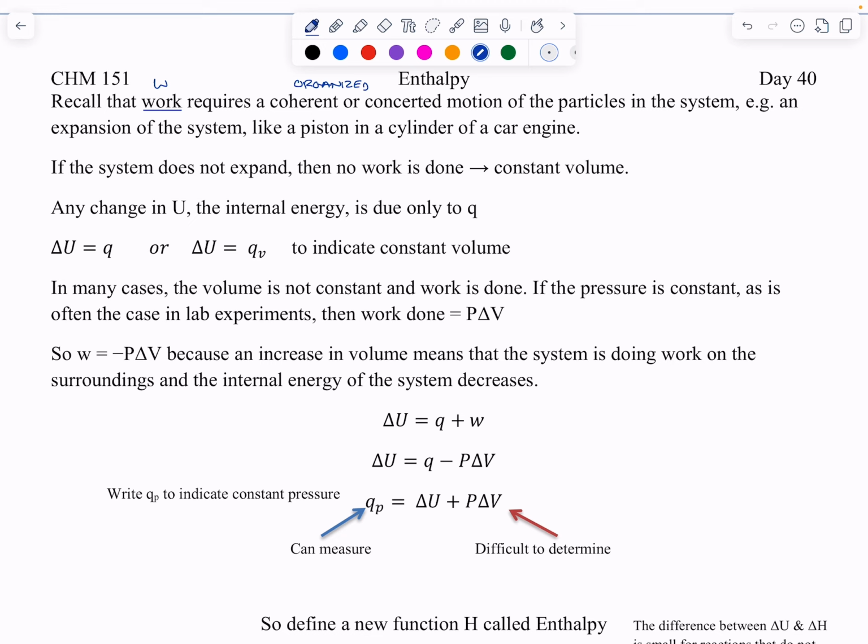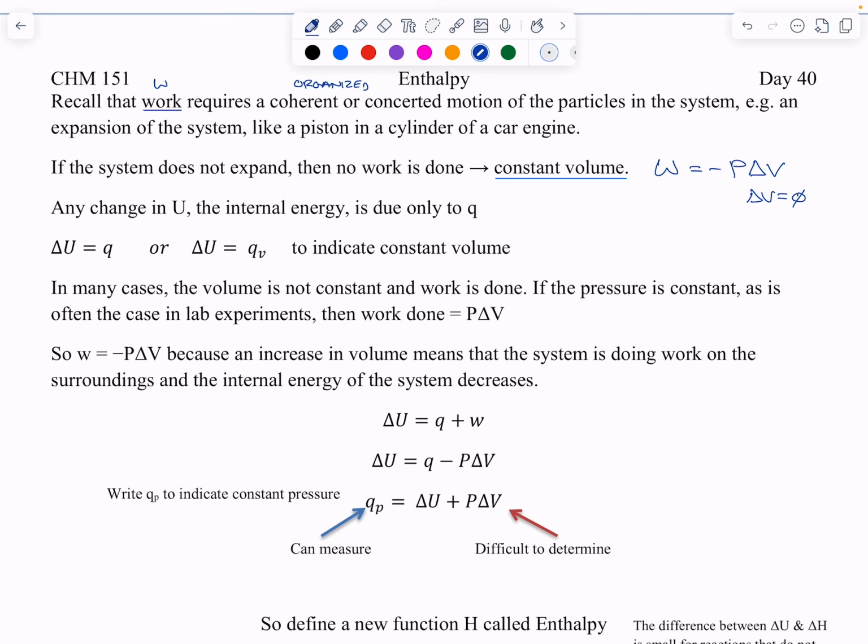Now, when we do work on a system, if the system doesn't expand, no work is done. And we're going to call that constant volume. So there's no change. When we talk about what work is, negative P dV, well, if dV equals 0, no change in volume, so 0 times the P, doesn't matter what the pressure is, and it's negative, it's still going to be 0.